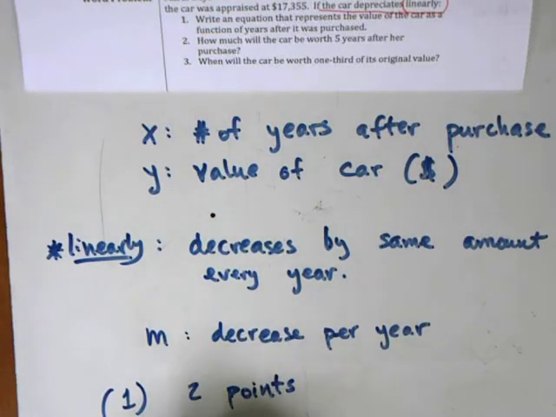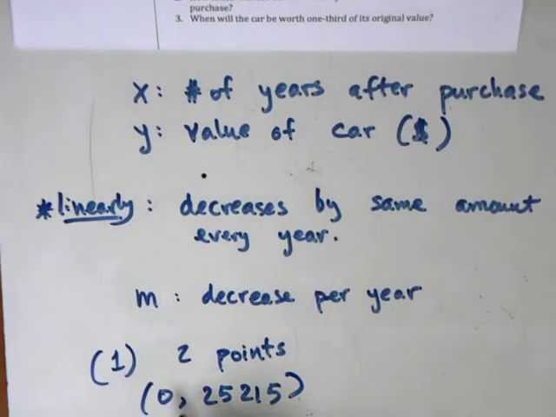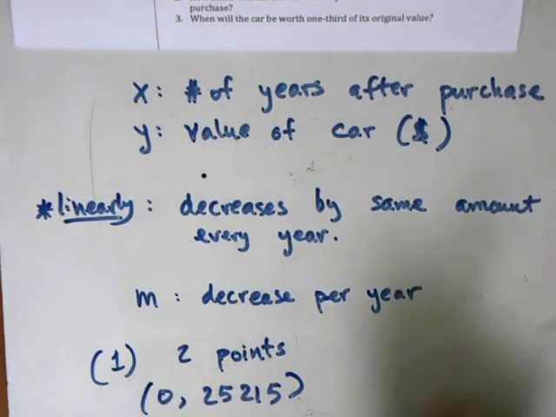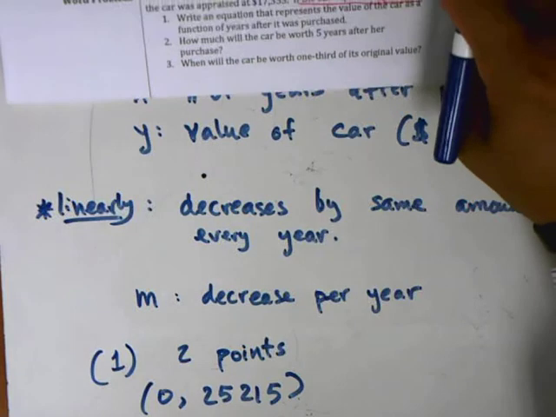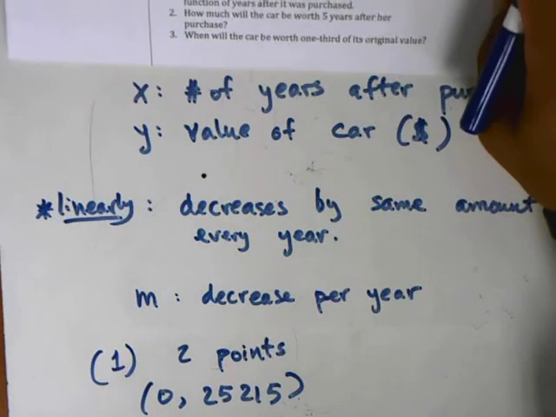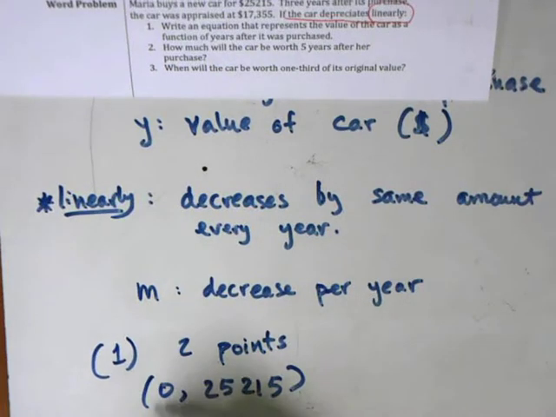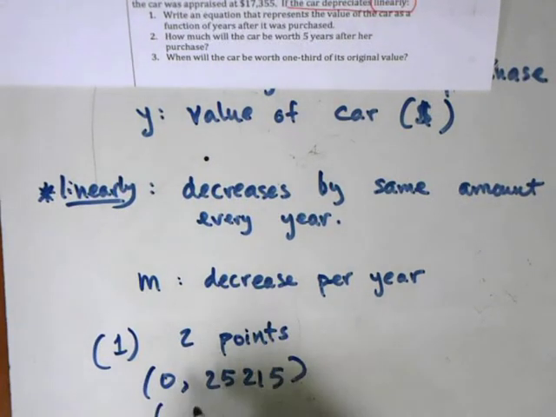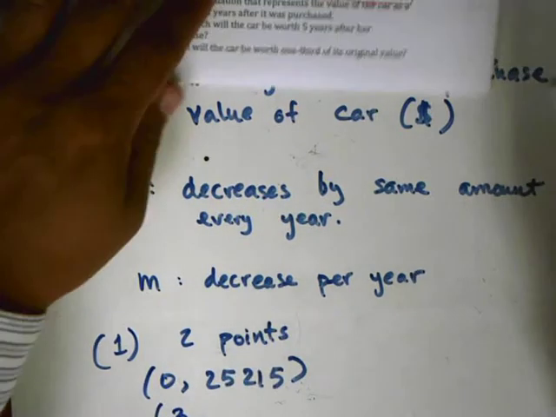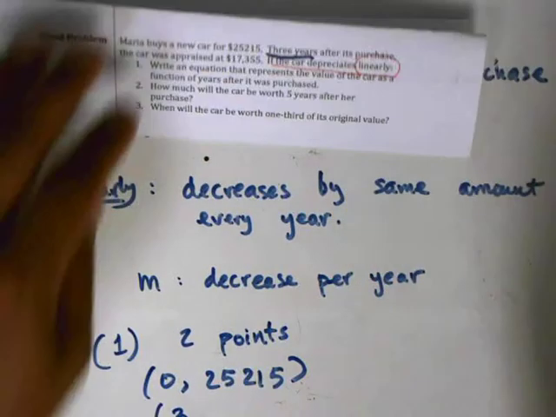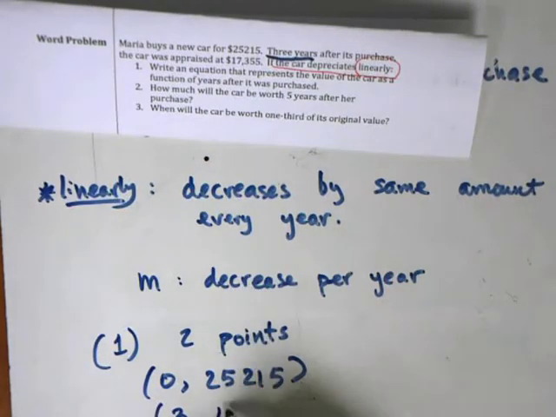The first point is going to be 0, 25,215, because when she initially bought it, 0 years have elapsed, and it's worth $25,215. The second point that we can use is 3, because 3 years after it was purchased, it was worth $17,355.